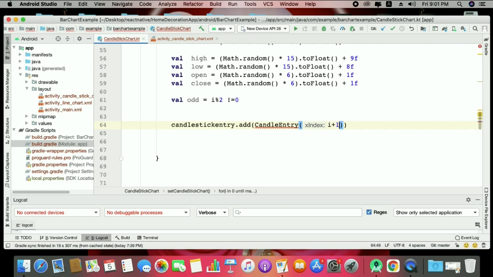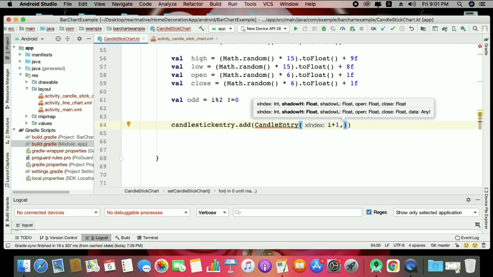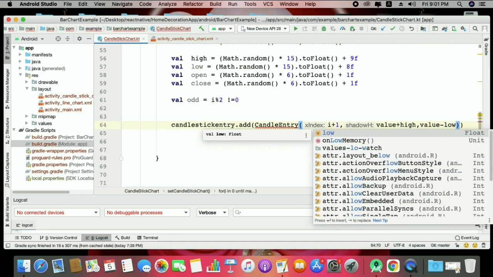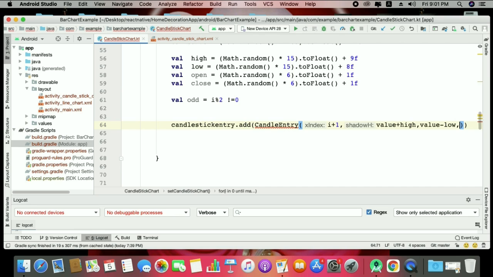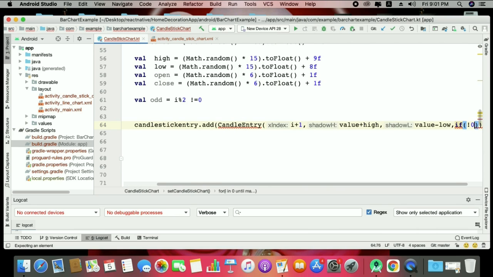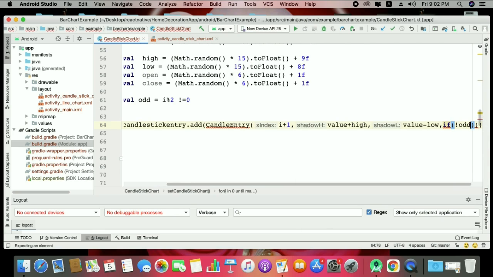We have to start, and comma, first we need our value, that's your value plus your high, then you need the value minus low, and that's the if condition, if not equal to odd.